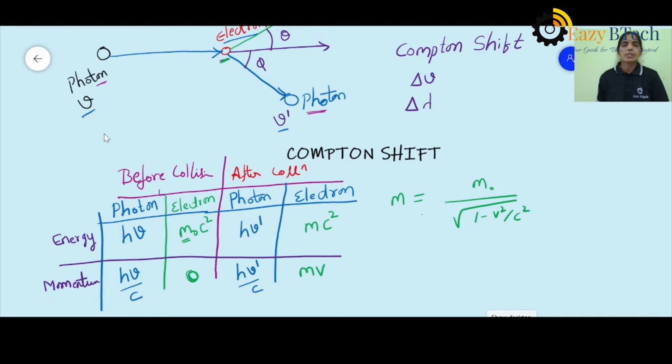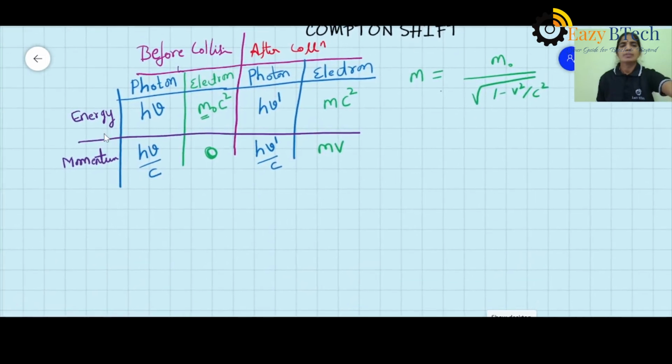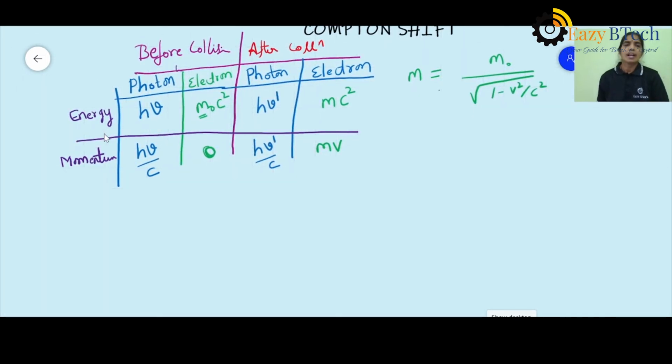Now we are going to use the principle of conservation of energy and the principle of conservation of momentum. According to the principle of conservation of energy, we have energy before collision equal to energy after collision. So when I go for energy conservation, how much energy do I have before collision?